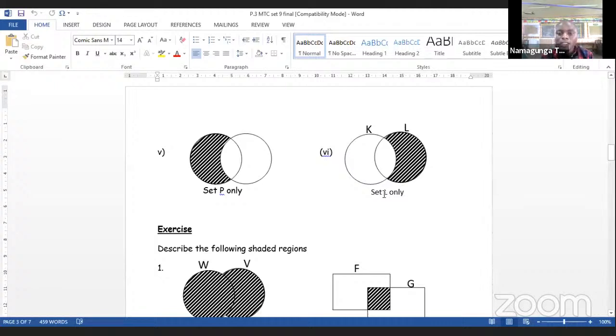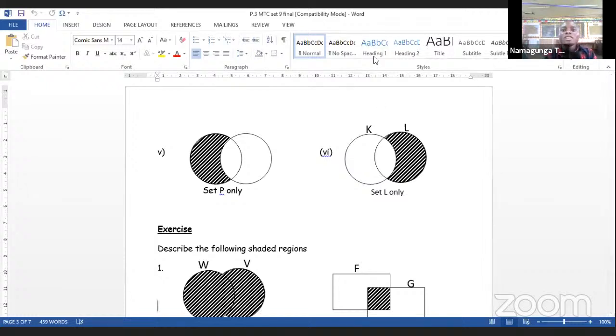If you put set L, it means that they have shaded the whole set L, but for us here, they have shaded part of set L. So you put that word there, only.